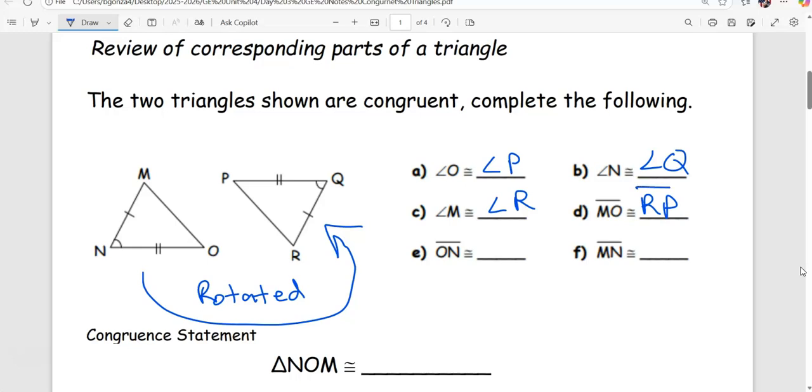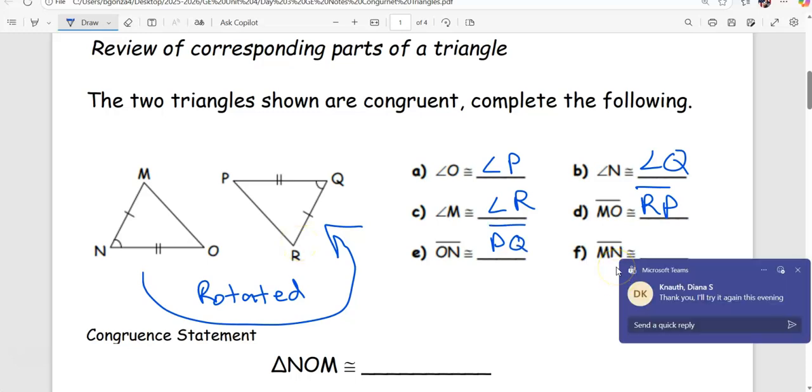What about O to the N with a 2 tick mark? What's it going to be? O to the N. So O, P, right? O matches with P. To N is 2 ticks, so to 2 ticks is Q. PQ.